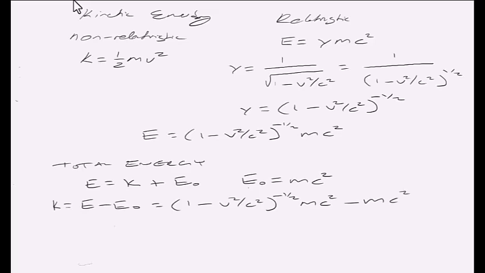Or to write that another way, the kinetic energy is equal to mc squared times 1 minus v squared over c squared to the -1/2 minus 1. And this is an important statement that we want to get to.